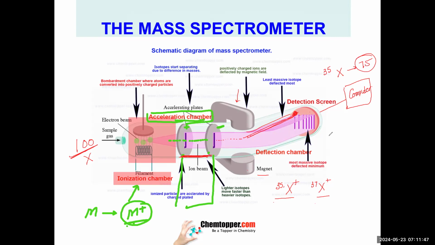Then the remaining X 37 is colliding here. Deflection is less. And let's say this is 25. Then it will show you a graph of the percent abundance, which is 75 and 25 in this case.